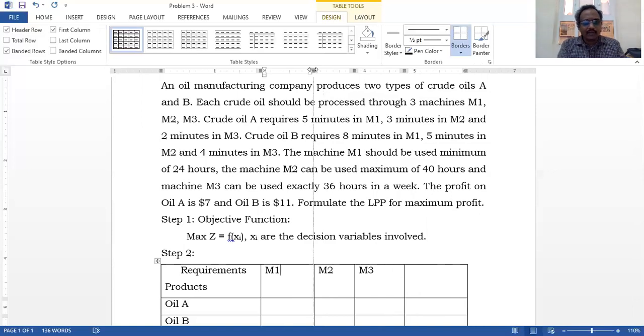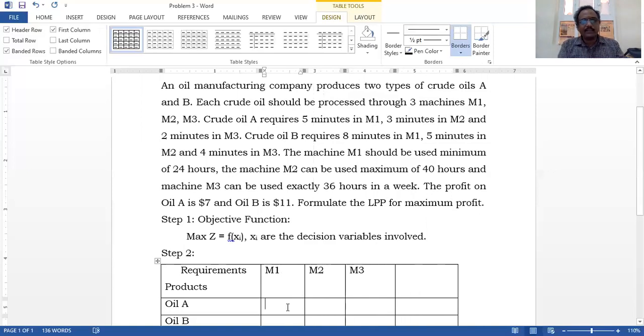So for M1, they have stated that oil A requires 5 minutes in M1, 3 minutes in M2, and 2 minutes in M3.